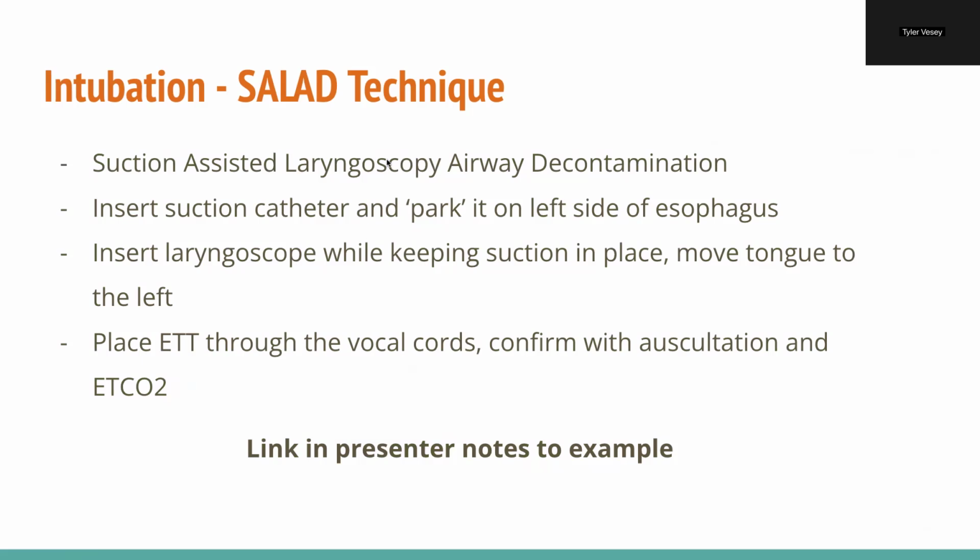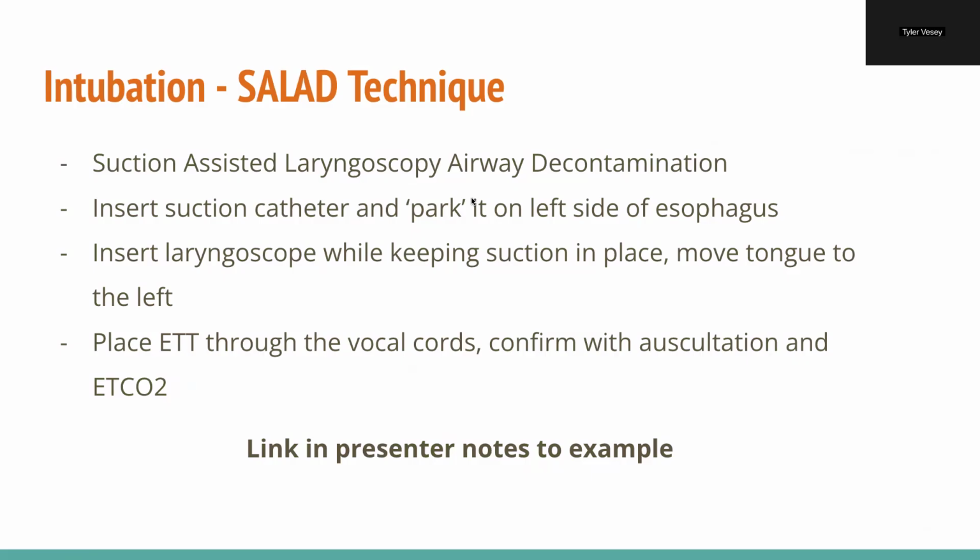So our SALAD technique is our suction assisted laryngoscopy airway decontamination. So we're going to begin with our Yankauer suction, clearing the airway and parking it on the left side of the esophagus. From there, we're going to insert our laryngoscope, again sweeping that tongue off to the left, in the same spot where that suction catheter is.